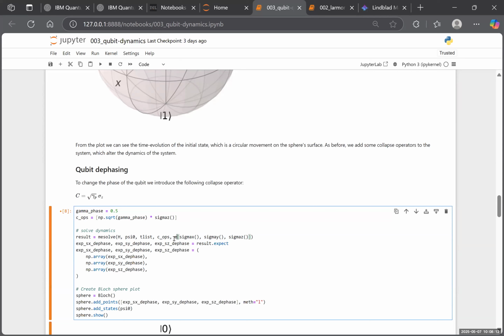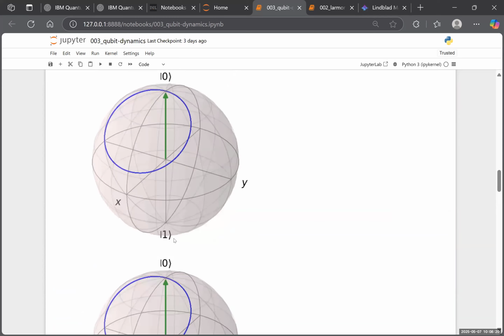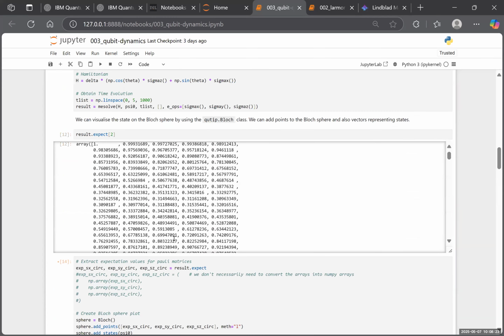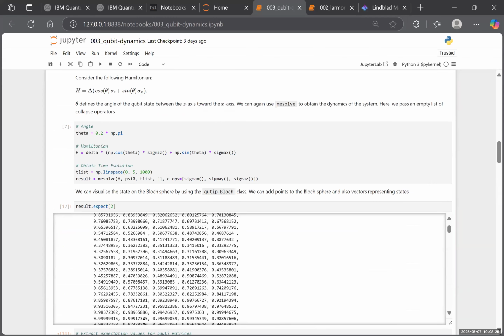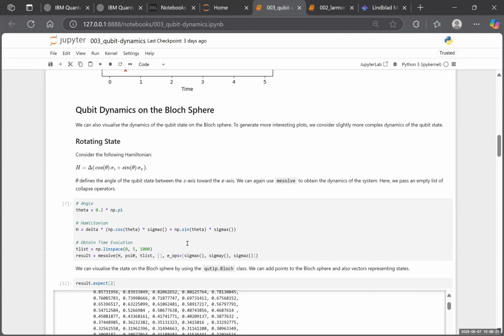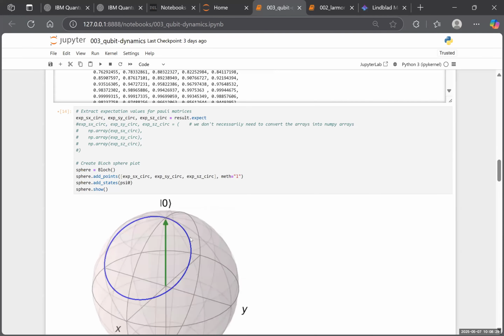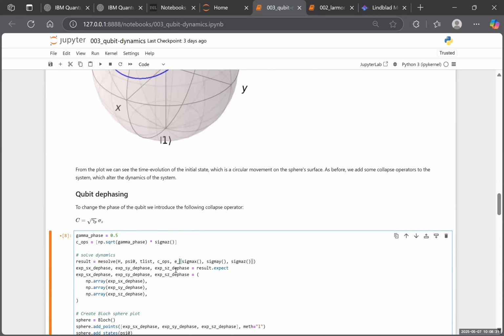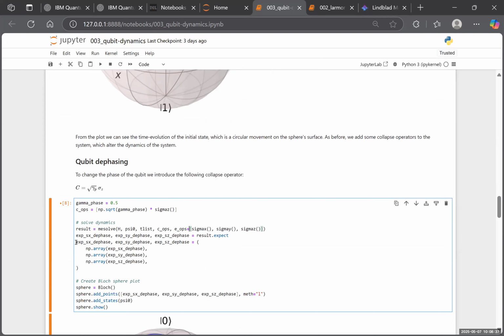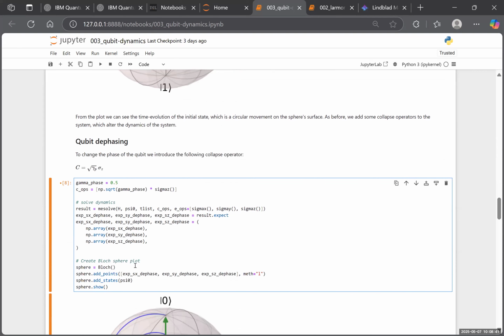And you have these expectation values. What is the keyword? It's like EPS something. E_ops. E_ops, expectation of operators. Okay. Right. So we don't need to really convert, but you can do that.